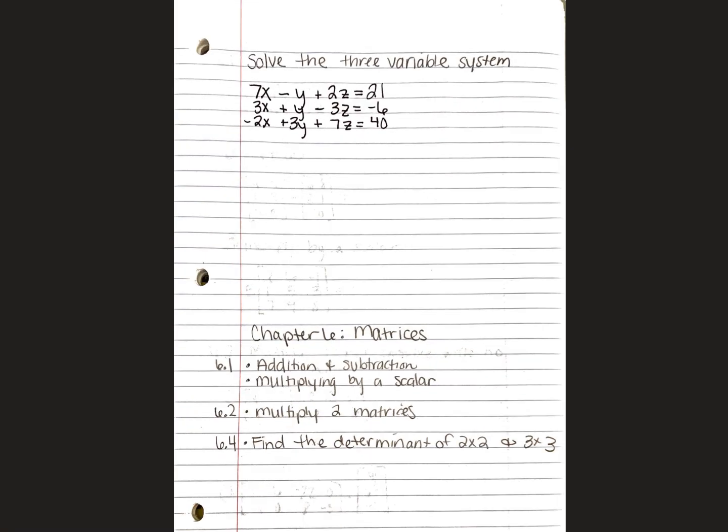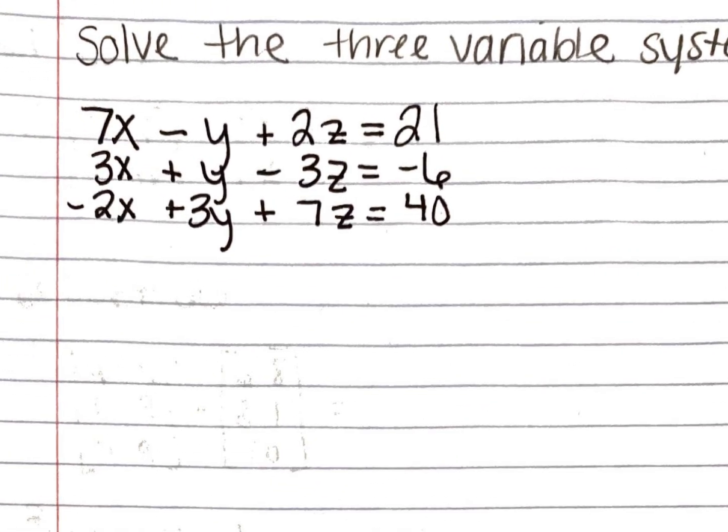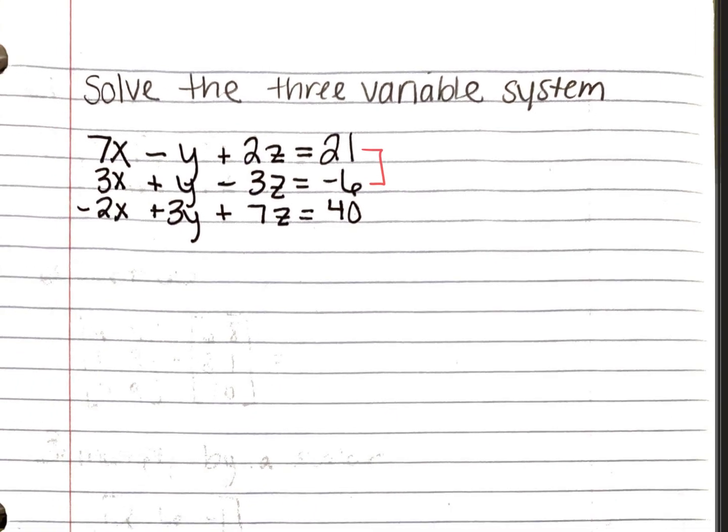Right, and then the 3 variable systems. So we're going to use elimination again. Remember, you've got to pick 2 equations. So let's pick these 2 and combine them together.